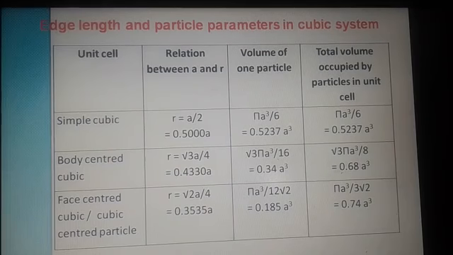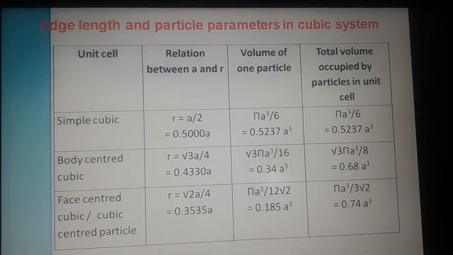And in case of total volume occupied by the particle, we are just using 0.68 into A cube. Means once we determine the value of A cube, then by simply multiplying these factors, we can determine the volume of one particle and volume occupied by the particles in unit cell.